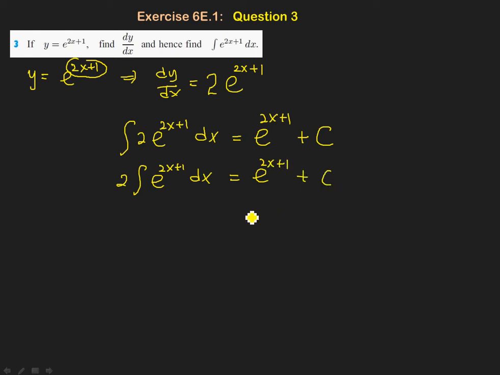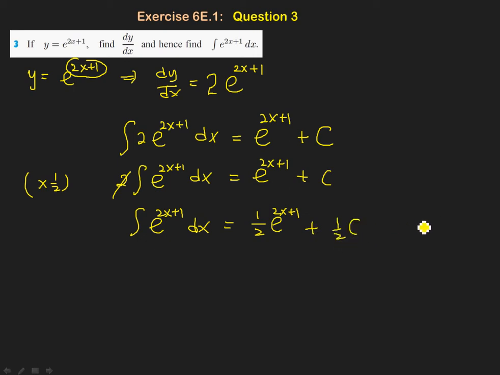What we do is multiply by half across the whole equation, thereby cancelling the 2. And you have a half e to the power of 2x plus 1 and half c.